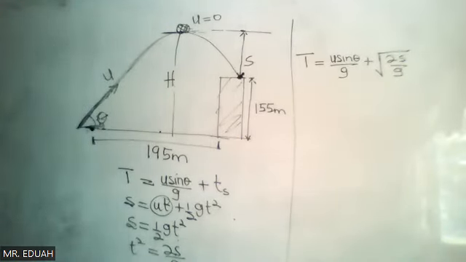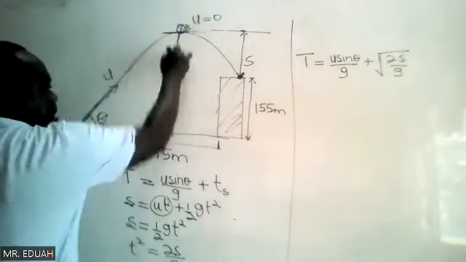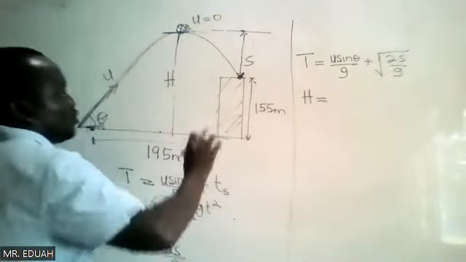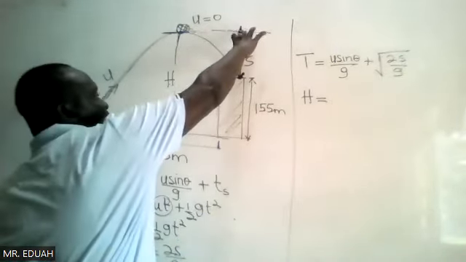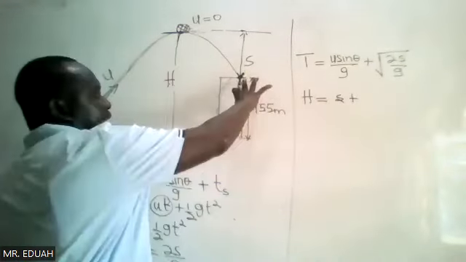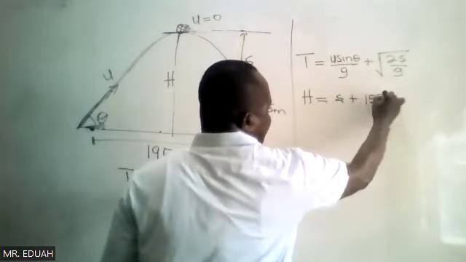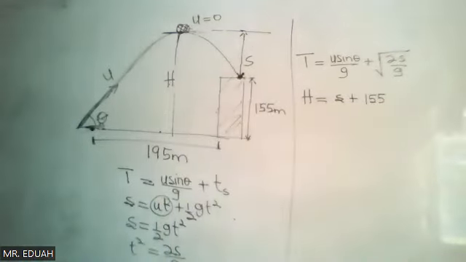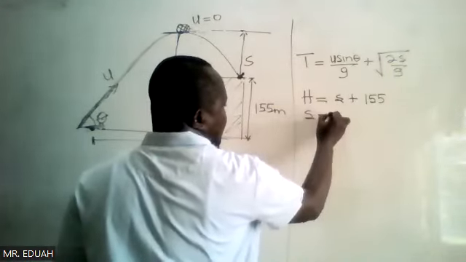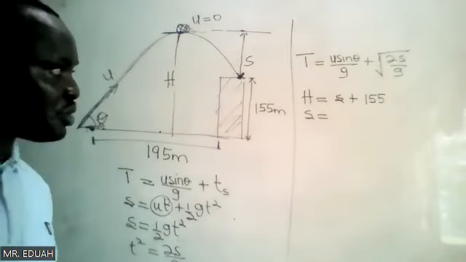Now, look at the maximum height. The maximum height H can be related to this distance S plus the height of the tower, which is 155. And so let's make S the subject from this relation.